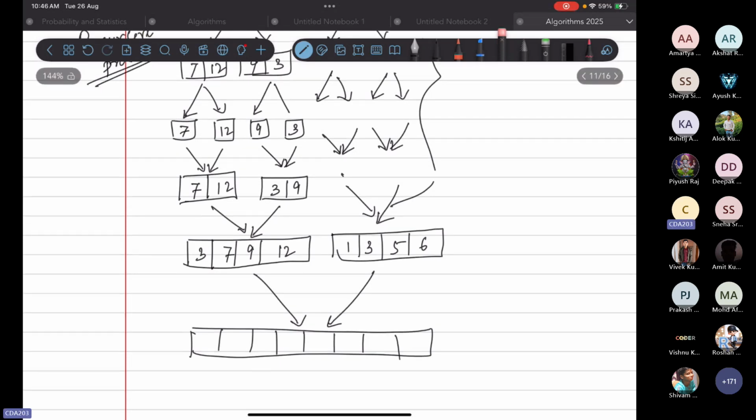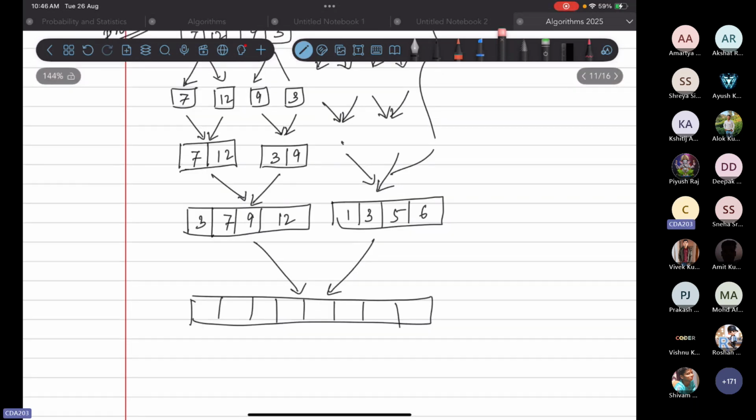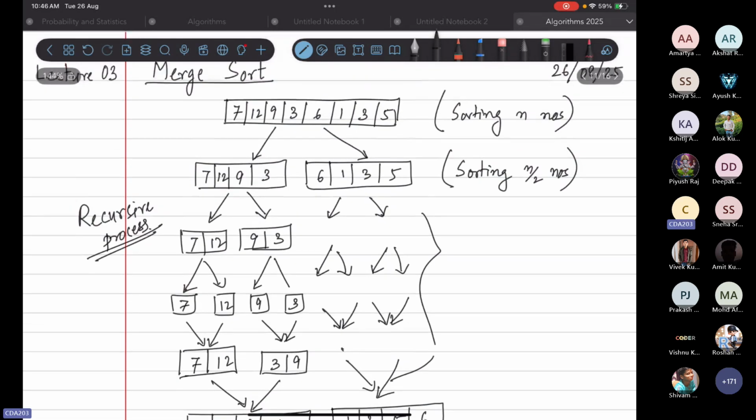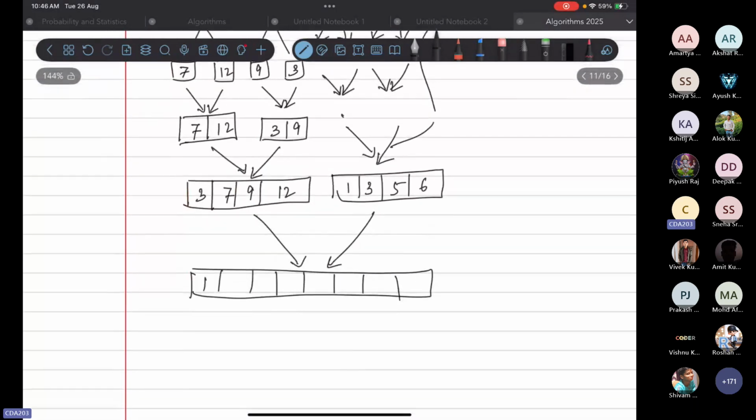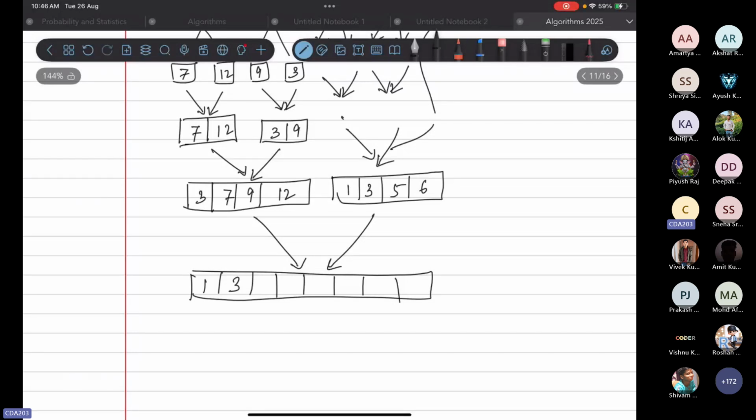So what is the sorted order of these two arrays if I combine them together? First comes this 1. And do I have two threes? Yes, I have two threes here, so I can take any one of these two threes.